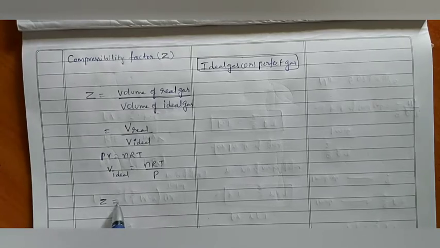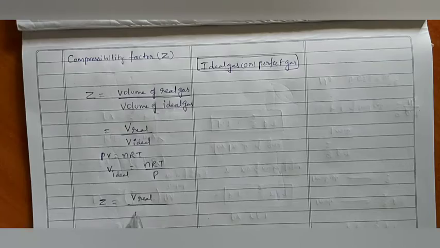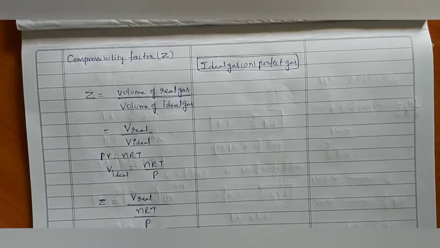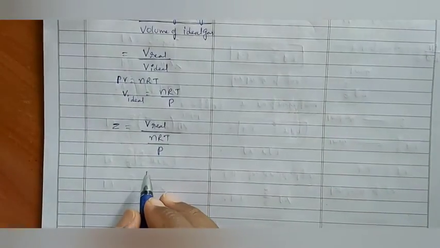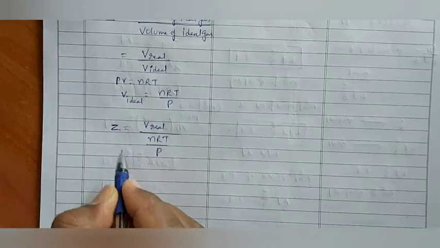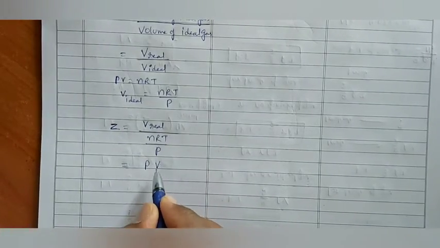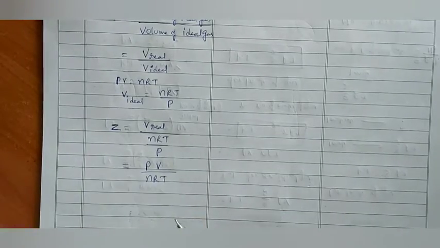Z is equal to V real divided by nRT by P. That is Z is equal to, this P will come to the numerator, P into V divided by nRT.